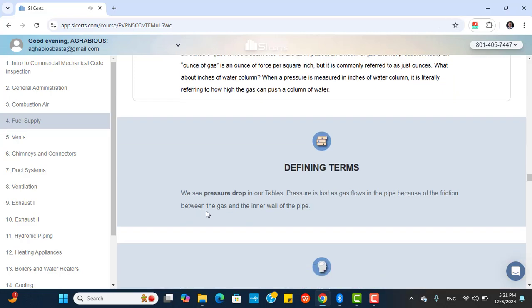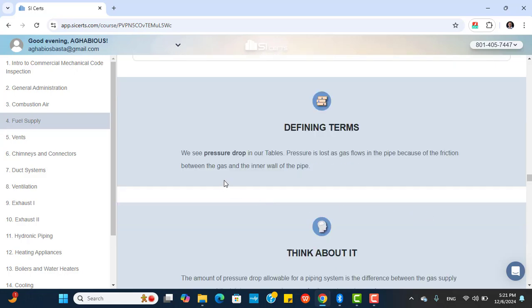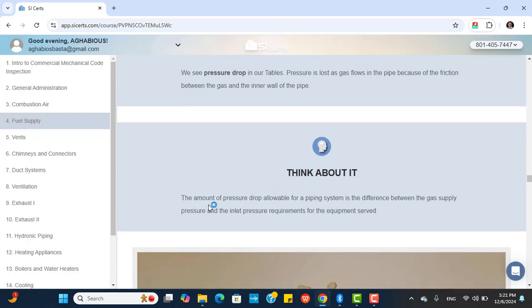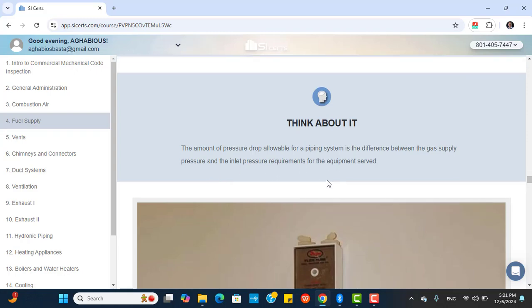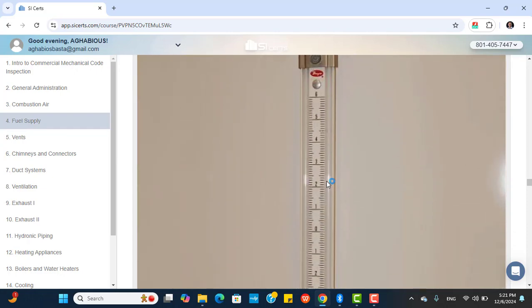Define in terms: pressure drop. We see pressure drop in our tables. Pressure is lost as gas flows in the pipe because of the friction between the gas and the inner wall of the pipe. The amount of pressure drop allowable for a piping system is the difference between the gas supply pressure and the inlet pressure requirements for the equipment served.